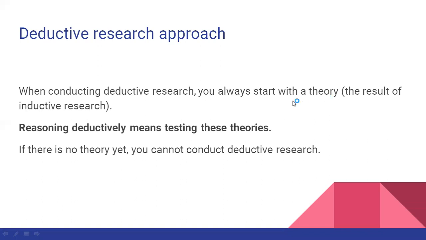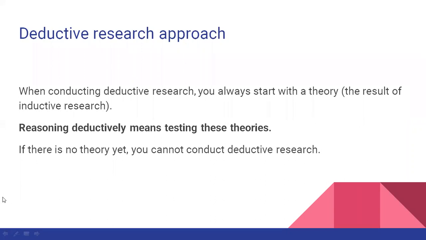And that theory is the result of some kind of inductive research, because in inductive research, you try to find out the general pattern, right? And that is nothing but a kind of theory. So from the inductive research output, you got a theory. Now, for conducting deductive research, you start with that theory. Reasoning deductively means you try to test those theories.